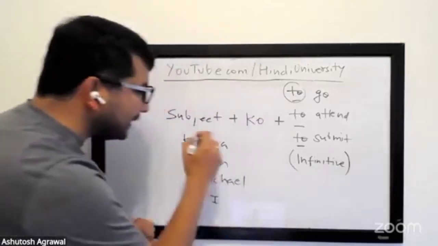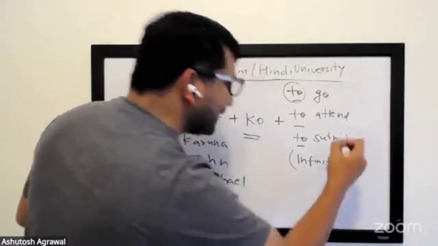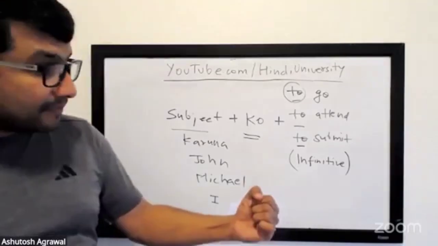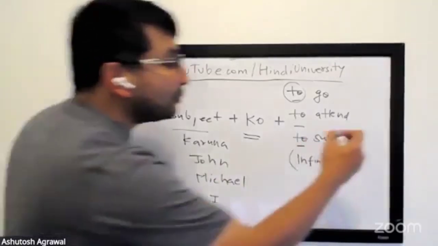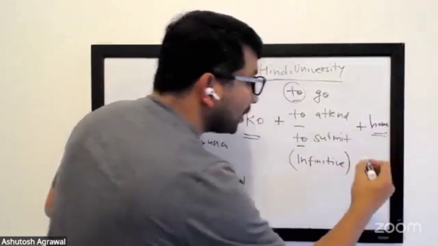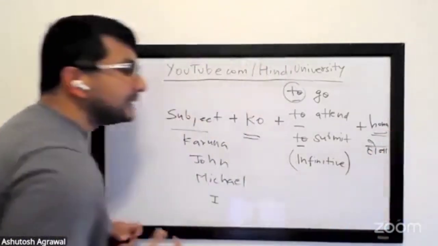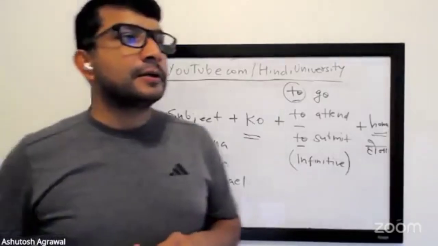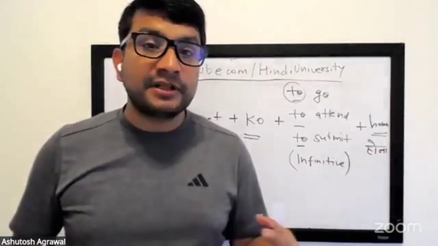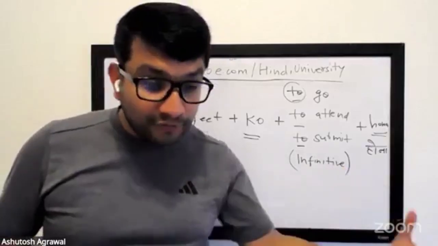The formula here is subject followed by ko followed by the infinitive form of the verb, followed by hona. And I say hona because you will conjugate it based on the tense you are in. If you're saying something that you're obligated to do in the present tense, past tense, or future.